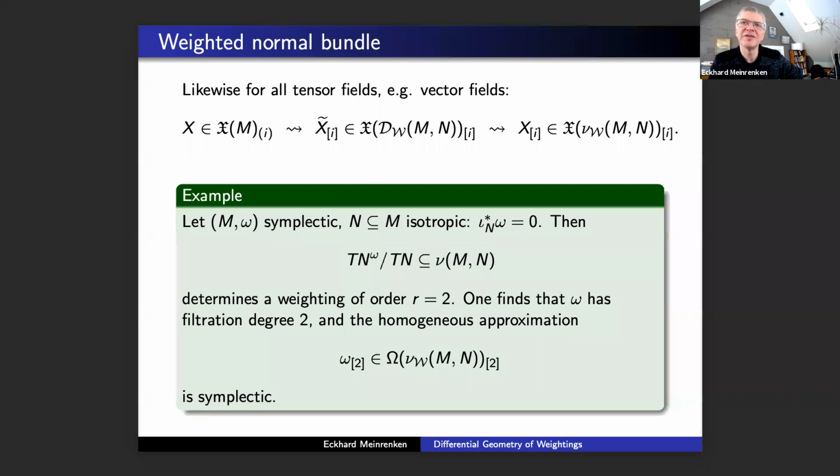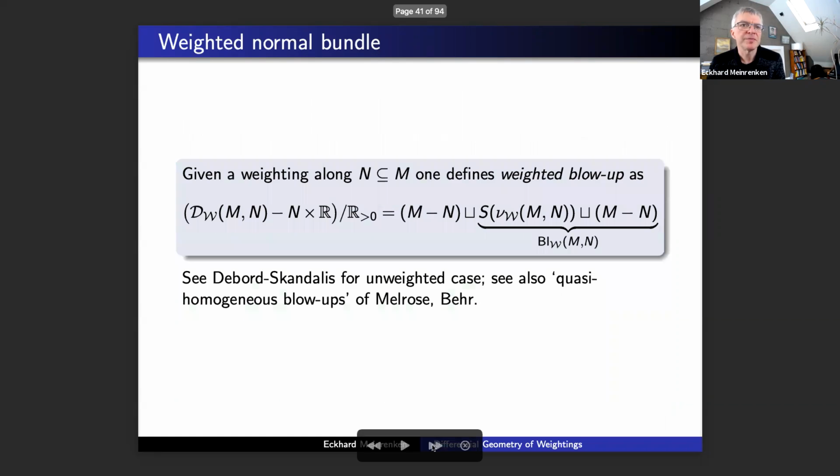So that's one nice application. So again, even in this case, this weighted normal bundle is not a vector bundle. So this is some fiber bundle that's canonically associated if you just have a subbundle of the normal bundle. All right.